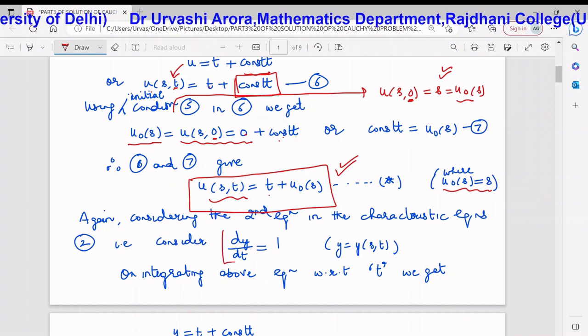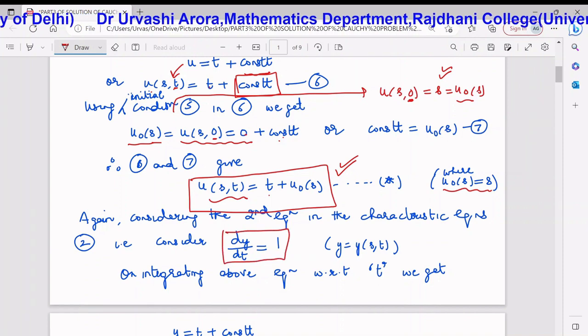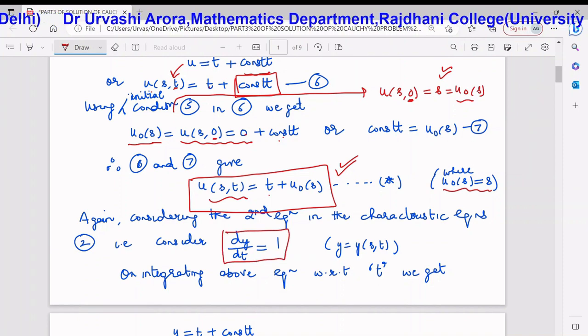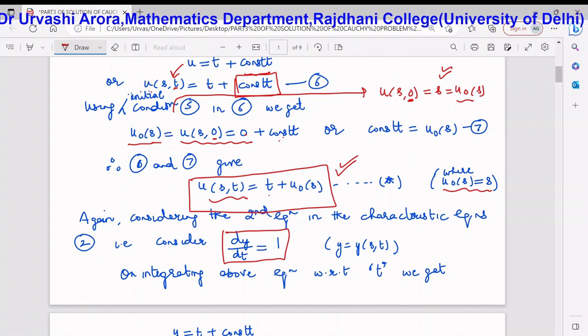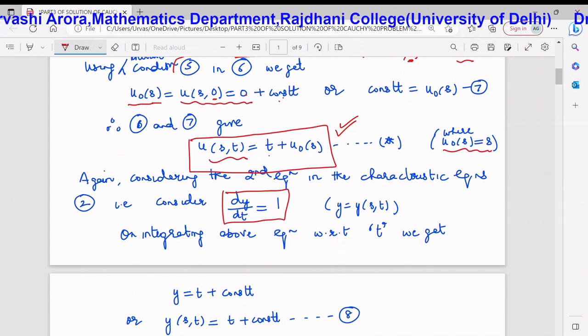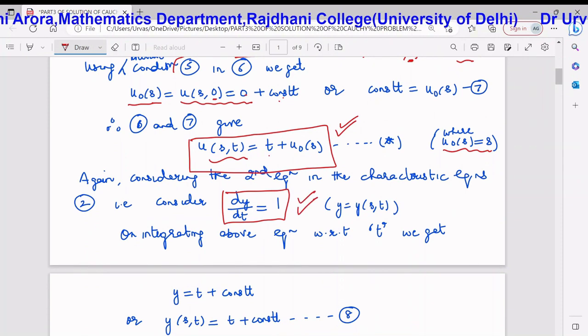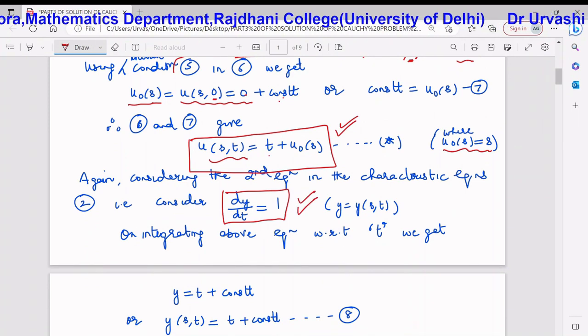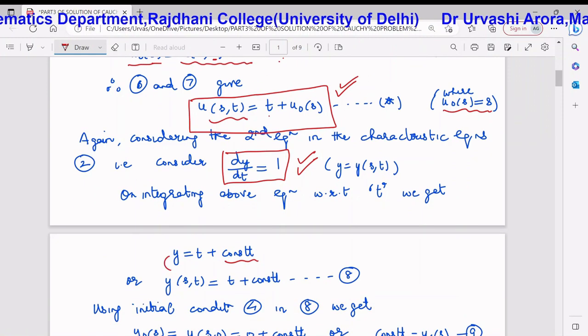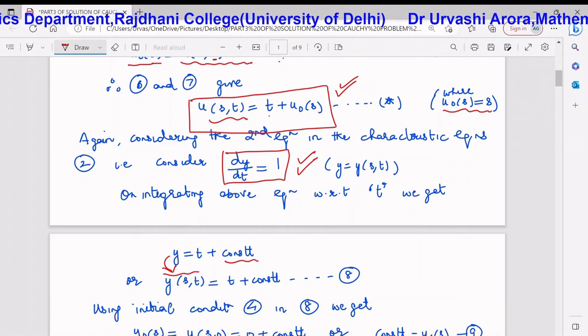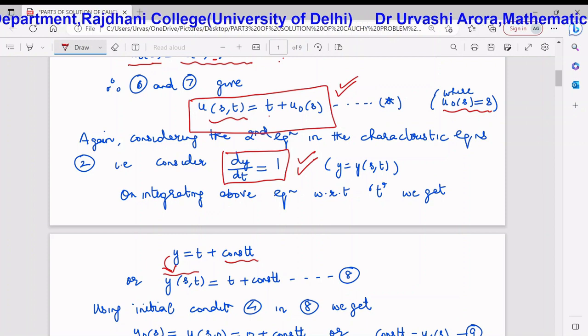We know that y is a function of s and t, where s and t are two parameters. Integrating this equation with respect to t, we get y is equal to t plus constant, the constant of integration. Explicitly, y(s,t) is equal to t plus constant. I mark this as 8.